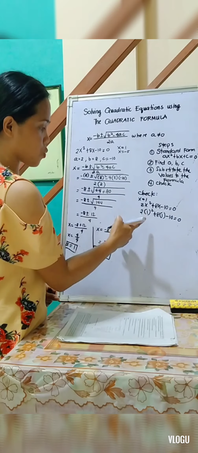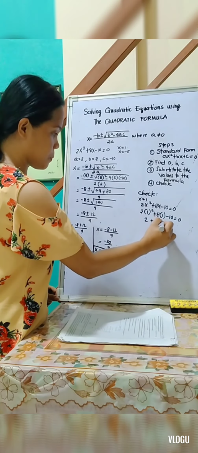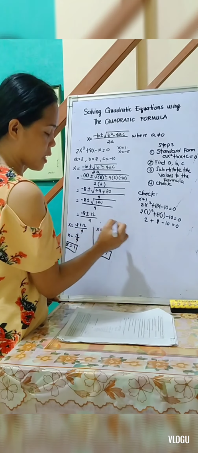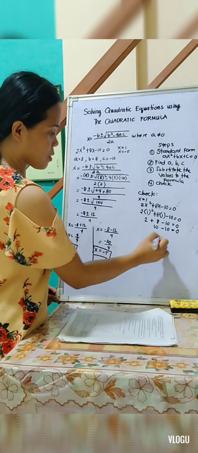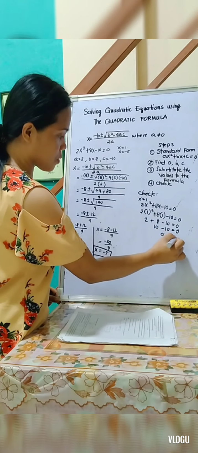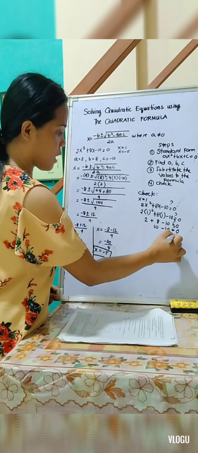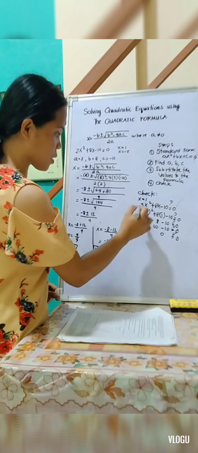So 1 squared is 1, 1 times 2 is 2, plus 8 times 1, that's 8, minus 10 equals 0. So 2 and 8, that's 10. 10 minus 10 equals 0. It's a question mark since we are checking, and we prove that it's correct. So x equals 1 is the correct solution.